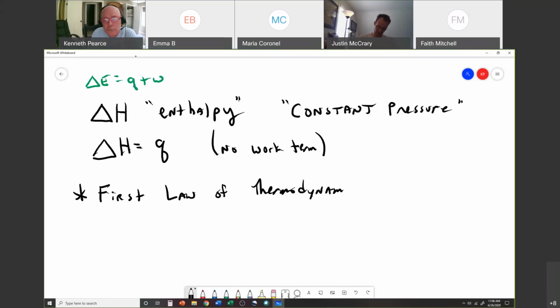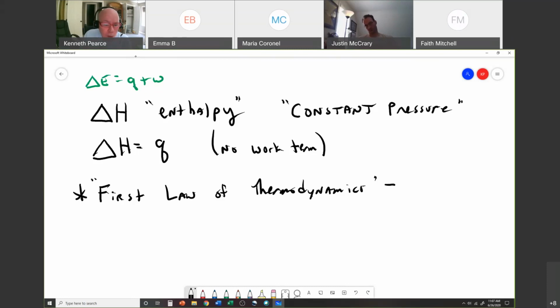There's actually several, but we're just going to do the first one. There are several different ways of stating the first law of thermodynamics. And we've actually been using the first law of thermodynamics for the last hour, really. Because when I said the energy is lost by the surroundings, well, it's the same as the energy gained by the system or whatever.